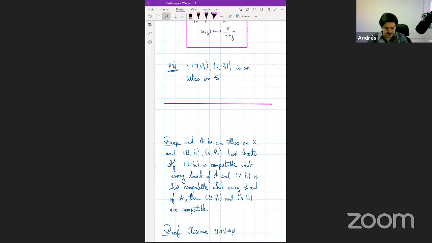So we want to show that U and V are compatible. If U and V don't have points in common, we are done. They are compatible. So the interesting thing is when U and V have points in common.